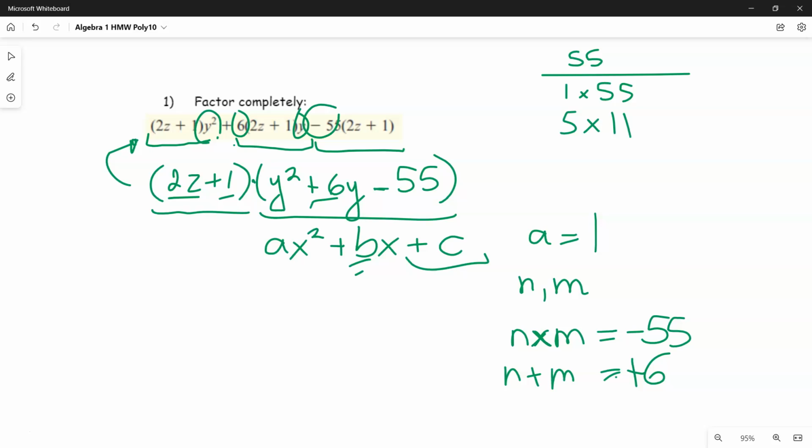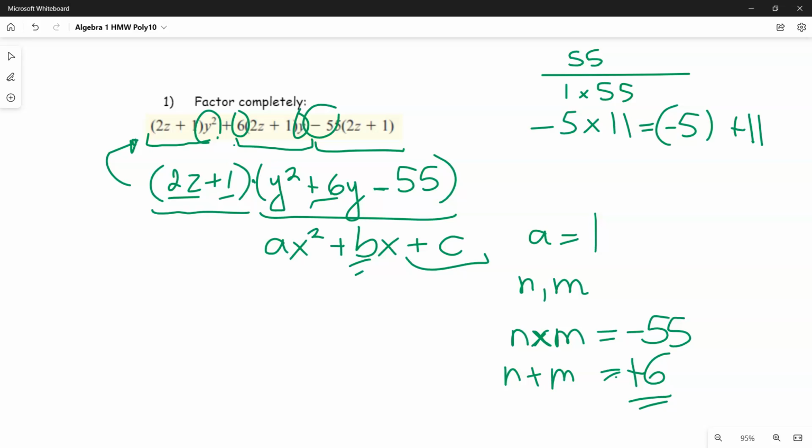That might give us the difference of positive 6. If we have negative 5 and positive 11, the difference is going to be positive 6. So negative 5 times 11 will give us negative 55, and negative 5 plus 11 will give us positive 6.